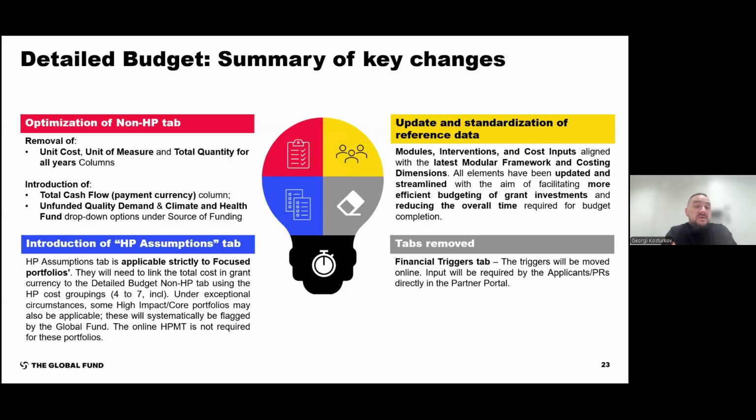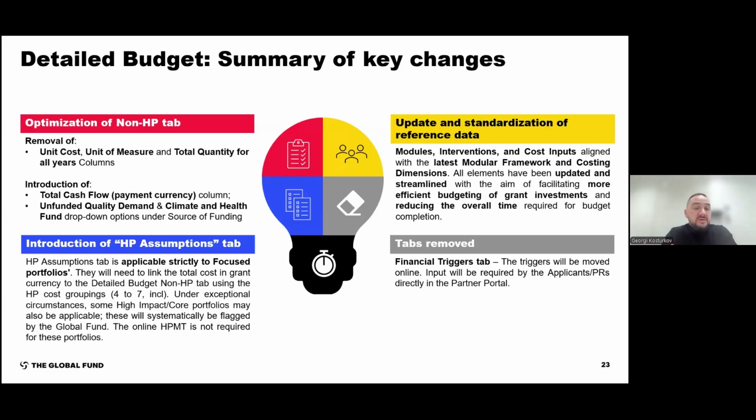For unfunded quality demand, as you know, most of the applicants submit PAR during the funding request, which is reviewed and approved by TRP, and subsequently the approved PAR becomes unfunded quality demand.